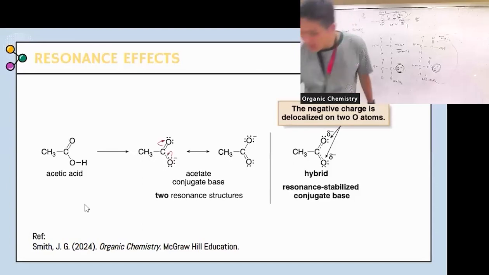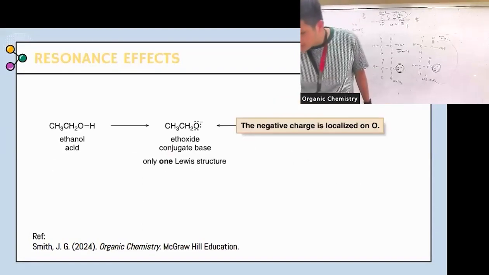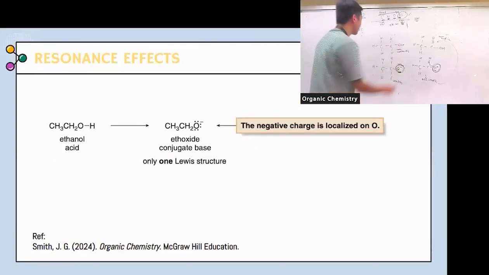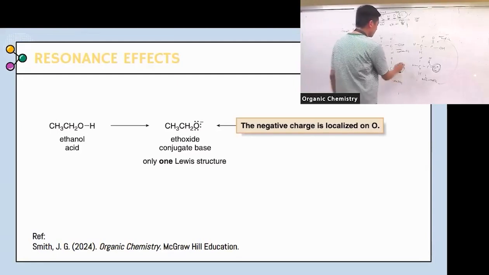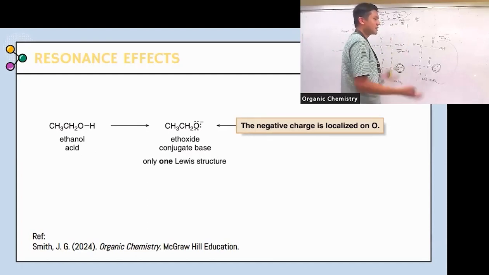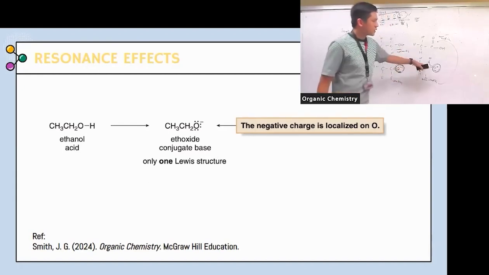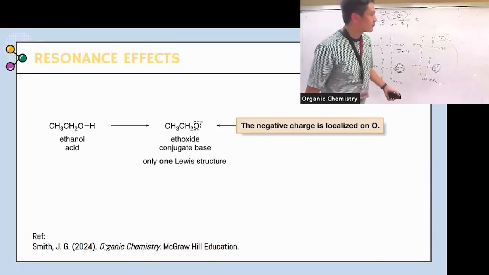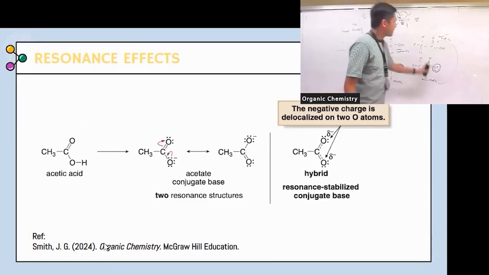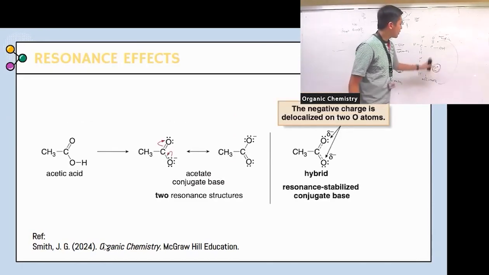Okay, so as I mentioned earlier, the negative charge is localized to this oxygen. Hence, if I use the analogy earlier of negative charge being like weights, the oxygen carries a negative charge alone, so it's quite heavy. Versus here, the negative charge is shared between two oxygen atoms.